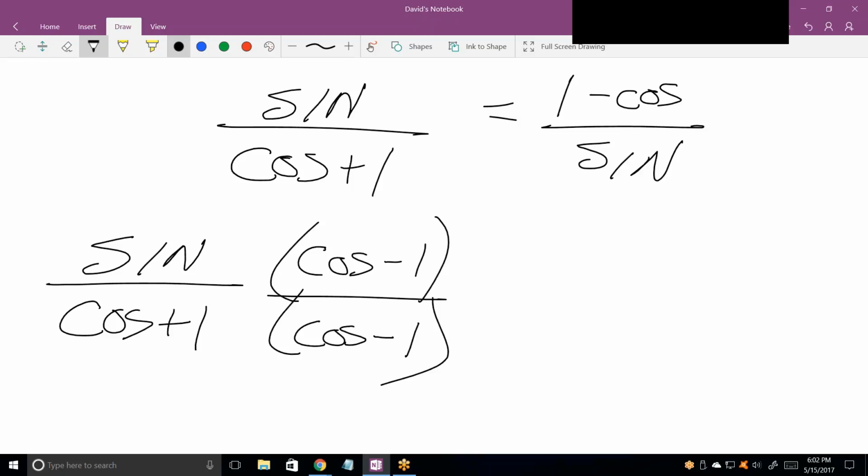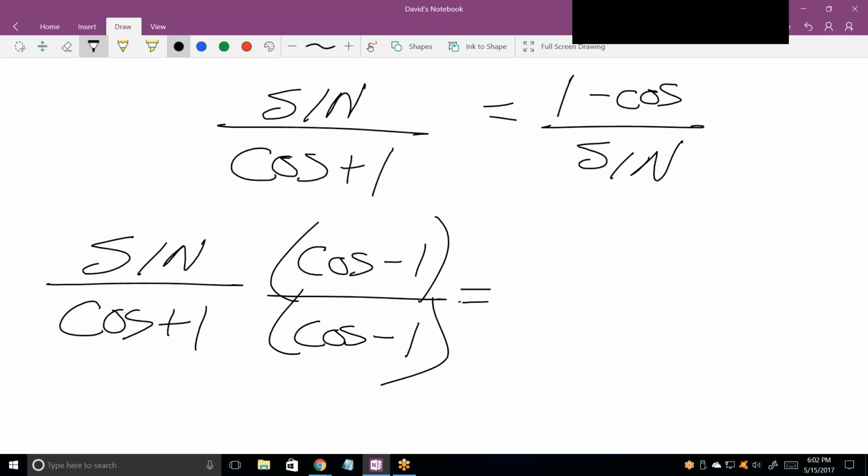The reason being is that it turns the denominator into cosine squared minus 1, which is a trig identity for sine squared. You with me? Yeah. Whenever you see this kind of thing, cosine plus 1 or even cosine minus 1 or 1 minus cosine, the first thing you should think of is I want to multiply it by its conjugate.